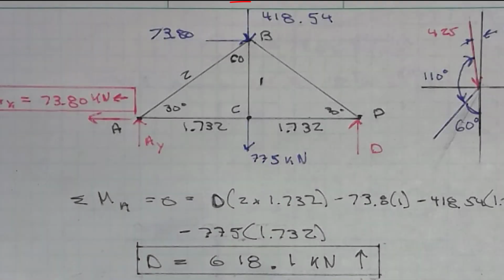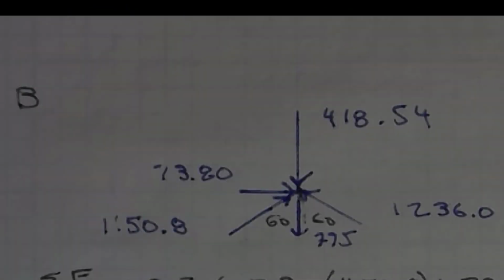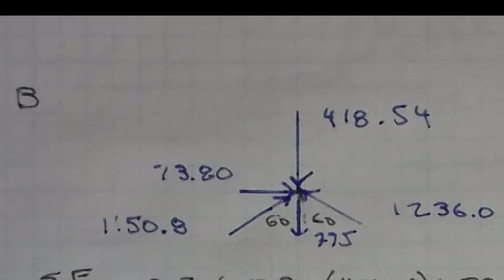Alright, now since we have solved for all the forces, and you can look at them here, this is the solution. I boxed it. But what we want to do next is jump to joint B. I'm just going to put in all the forces that we know, because we solved for everything. So let's look at B in isolation. We have the resultant force broken up, 418.54 down, 73.8 to the right.